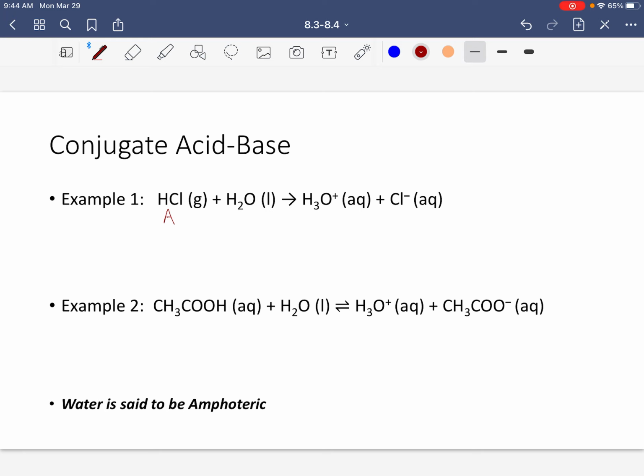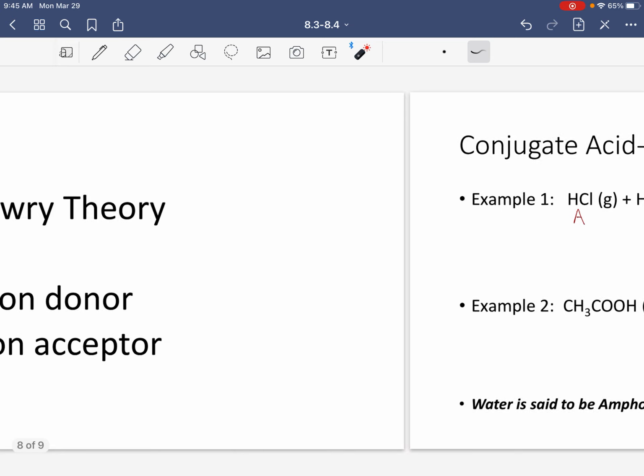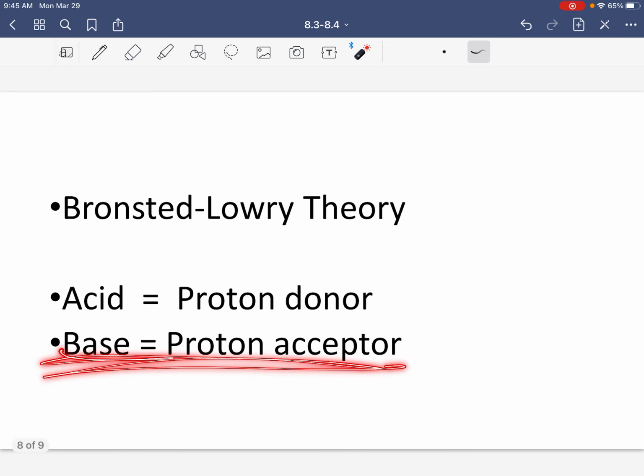Okay. Let's take a look at his friend, H2O. H2O becomes H3O. How do I do that? Well, I pick up an H. I'm an H picker upper, if there's such a thing. Whoa, isn't that a proton acceptor? I am a proton acceptor. A proton acceptor is a base.